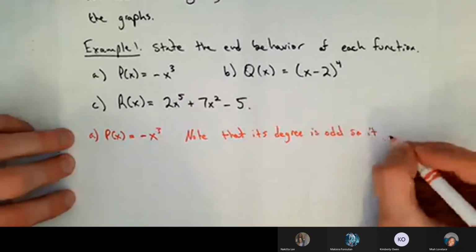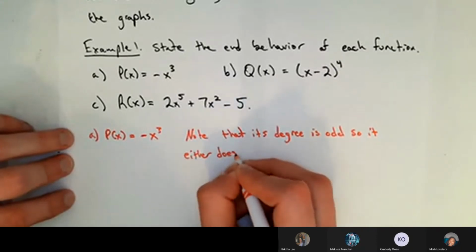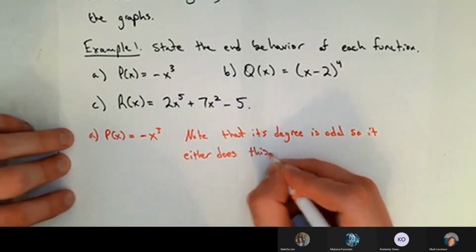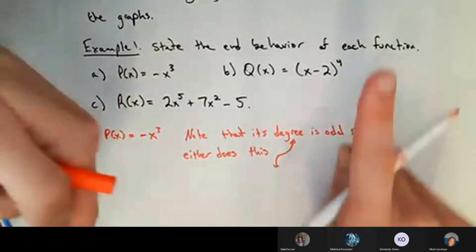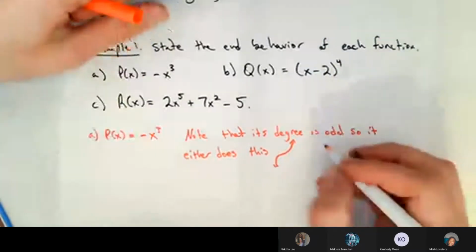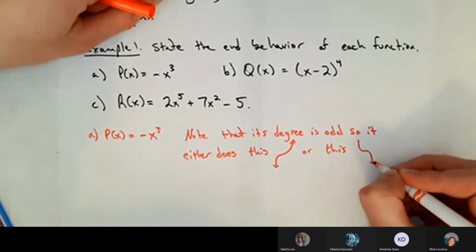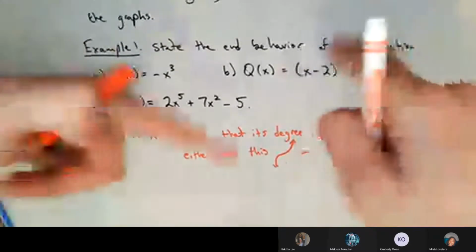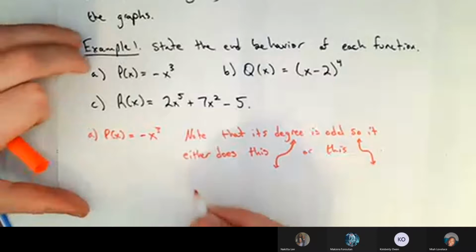So it either does this kind of shape, one side pointing down, the other side pointing up, left pointing down, right pointing up, or the opposite version, like this, left side pointing up, right side pointing down.